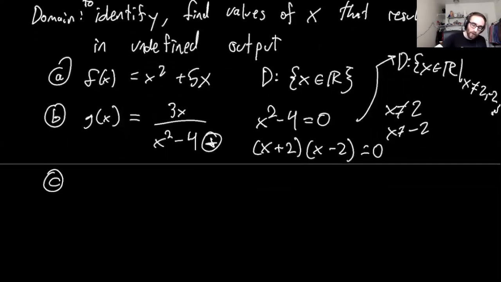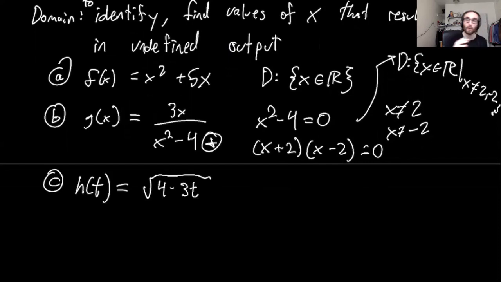Finally, our last function that our book gives us as an example is h of t equals the square root of 4 minus 3t. Okay, so here we're looking at a root. We know that if we take a root of a negative number, then we get an undefined output, at least when we're working in the real number set. So here we're looking at what values of t will give us a negative number, 4 minus 3t.